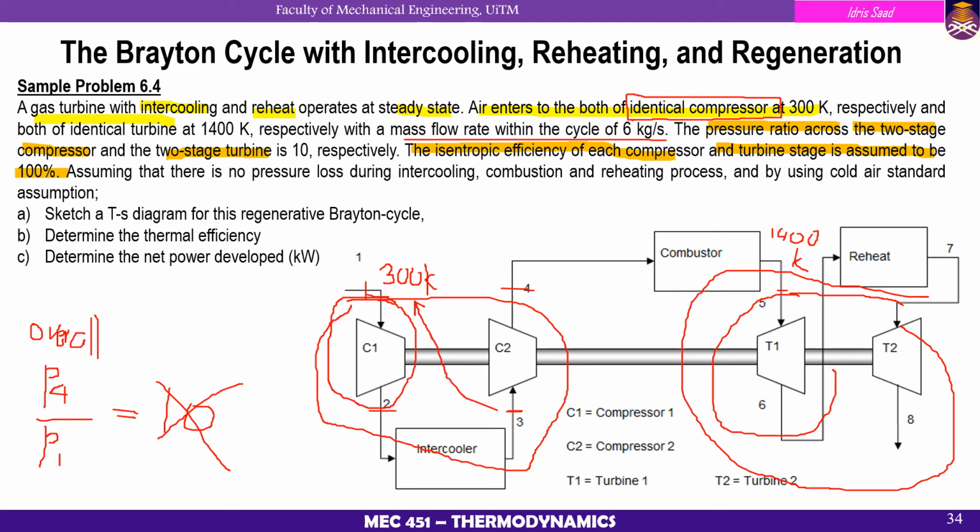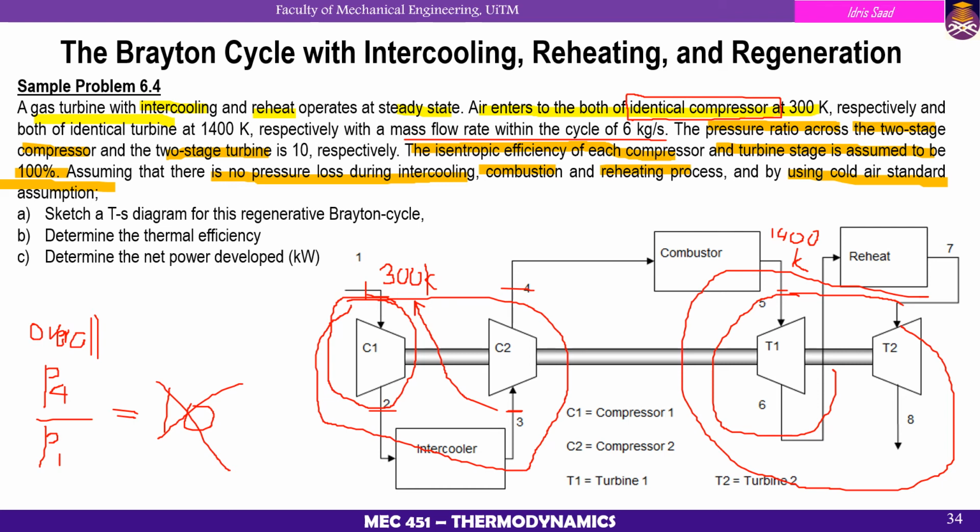The question also says to assume no pressure loss during intercooling, combustion, and reheating. We are also told to use the cold air standard assumption: Cp is 1.005, Cv is 0.718, k is 1.4, and R is 0.287 kilojoule per kilogram Kelvin.